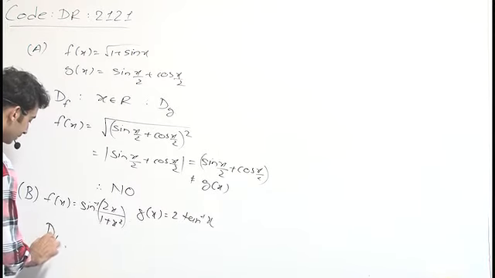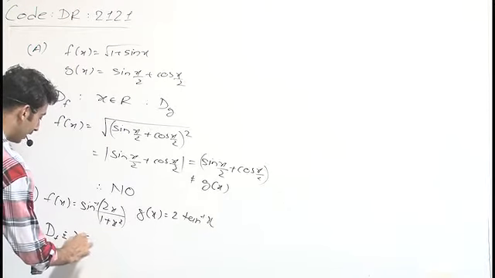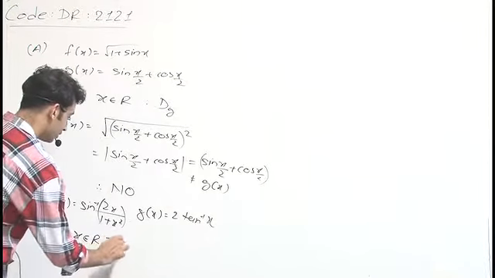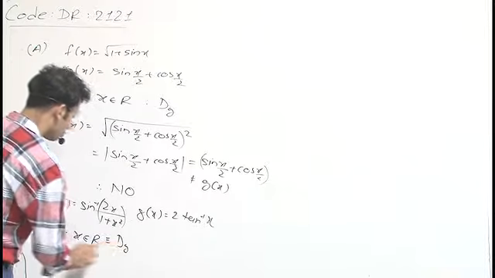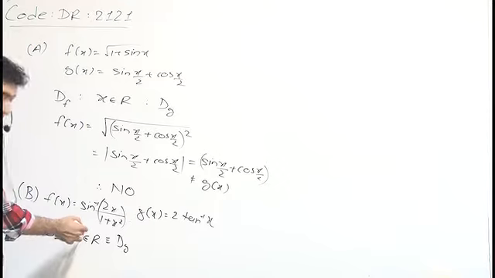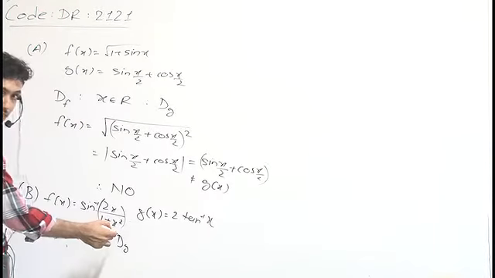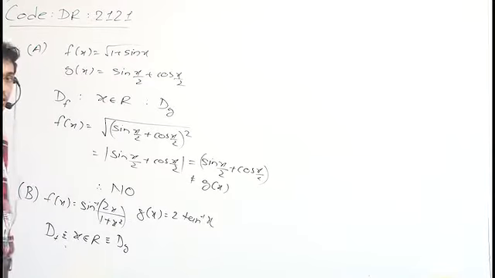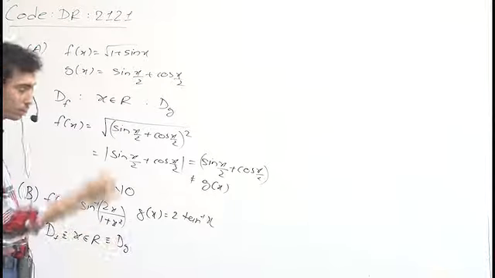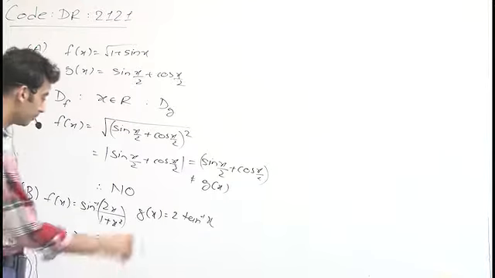The domain of f(x) is x belongs to R, as well as the domain of g(x) is also x belongs to R, because when we move in the set of real numbers, 2x upon 1 plus x square attains values between -1 to +1 closed interval. So the domain of both the functions is x belongs to R.